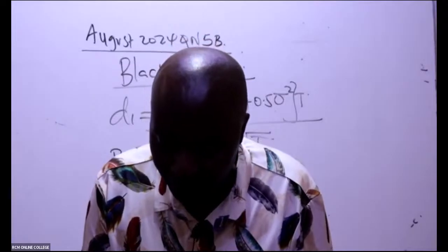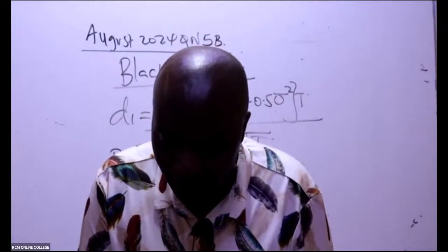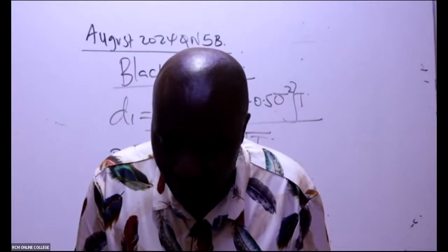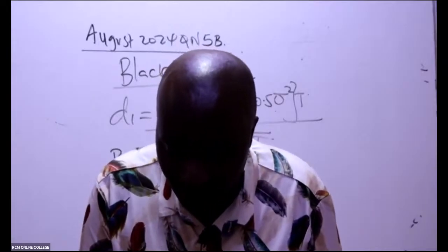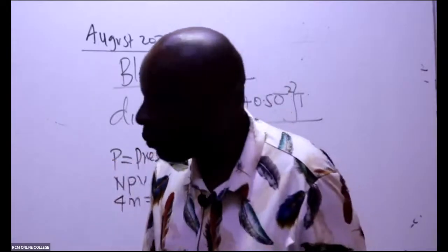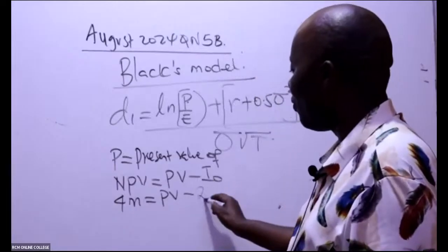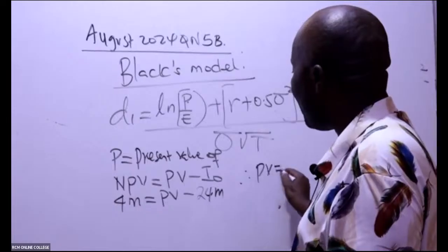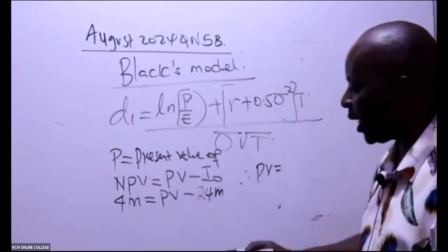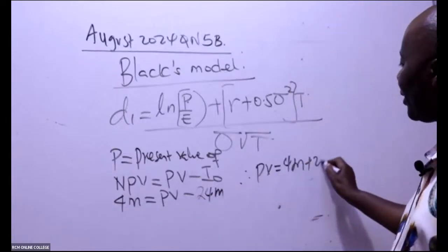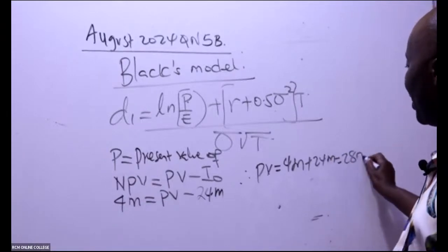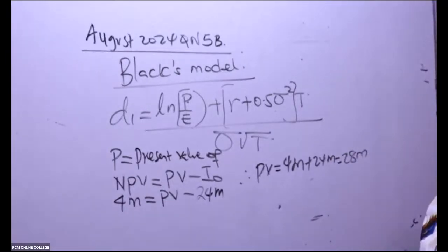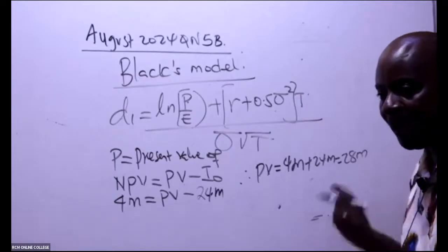It's given there that it has an option to acquire land in Moa Greens Estate at an agreed price of 24 million. Meaning our PV will be, taking this to the other side, 4 million plus 24 million, which gives us 28 million. PV will be 28 million.